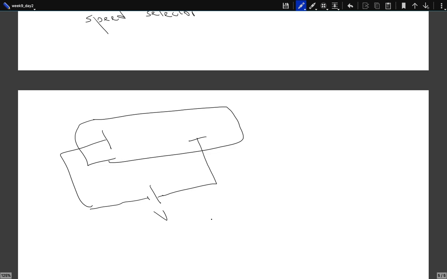So here you have the electrons, and here it's essentially a grid. So you have the negative potential over here, you have the positive potential over there. If this potential was strong enough, what we observed was that there is a glow over here.